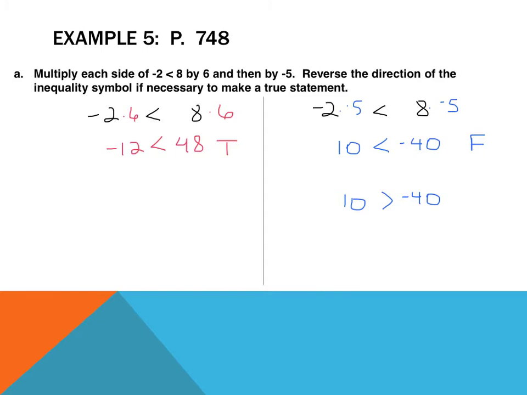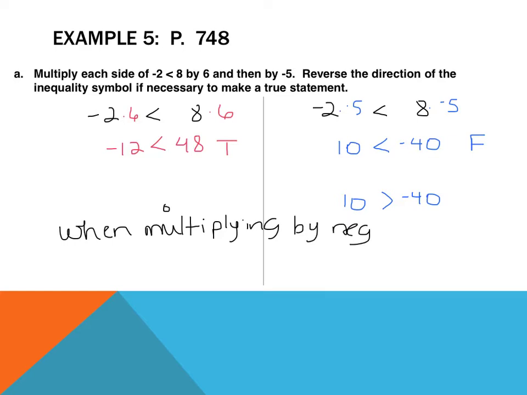This happens when you multiply or divide by a negative number to both sides of the inequality.